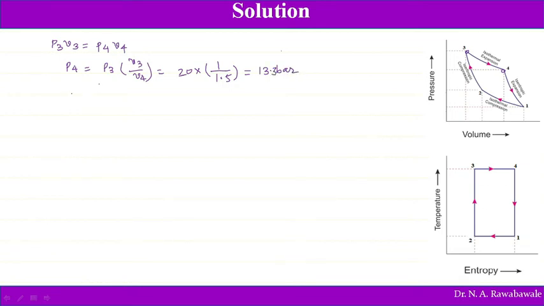So we got here a P4 value. Applying the isentropic process 4 to 1, we can get the pressure at 1.